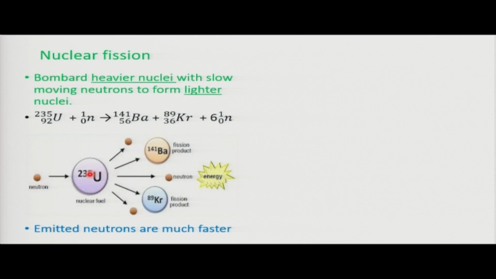After some time, it will disintegrate to form stable krypton and barium alongside other neutrons, but these neutrons are faster moving and energetic.